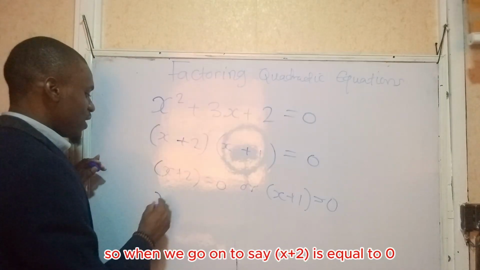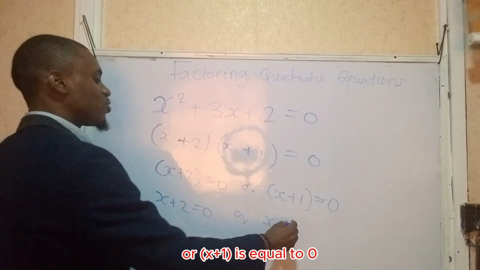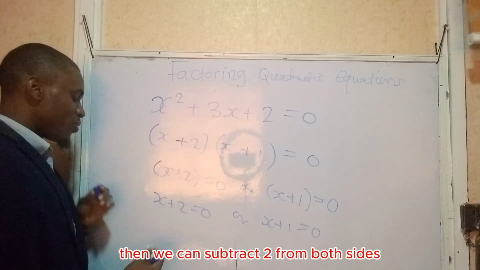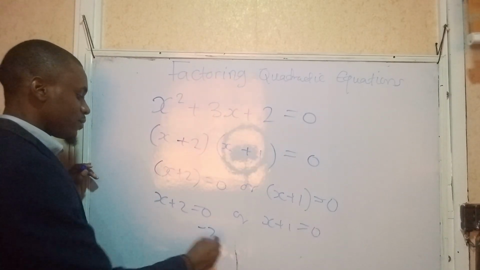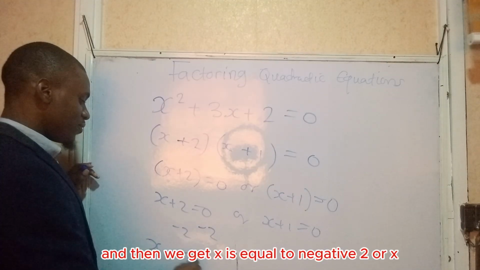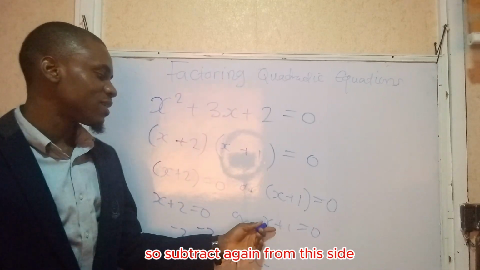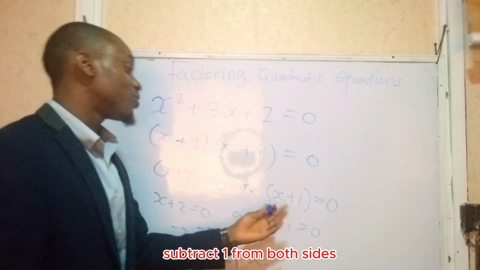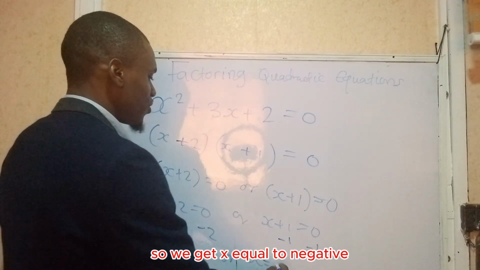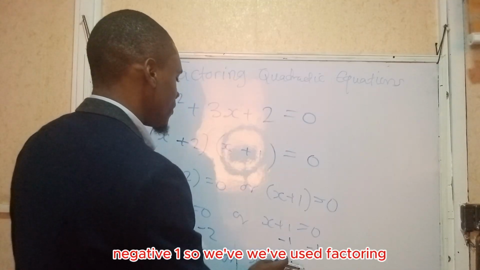So when we say x plus 2 is equal to 0 or x plus 1 is equal to 0, then we can subtract 2 from both sides, and we get x is equal to -2. Or, subtracting 1 from both sides, we get x equal to -1.